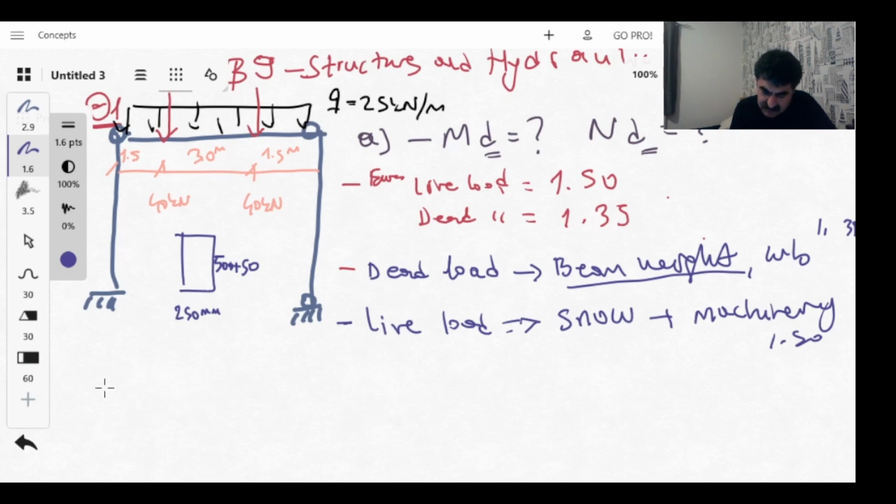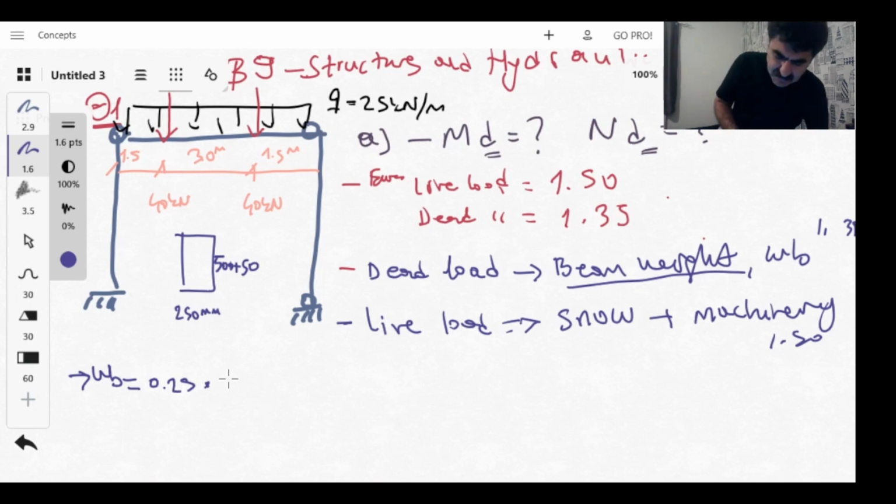So let me calculate the beam weight. WB equals, the units should be similar, so I will use the unit as meter. 0.25 meter multiplied by 0.55, multiplied by the length of the beam, 6 meters.